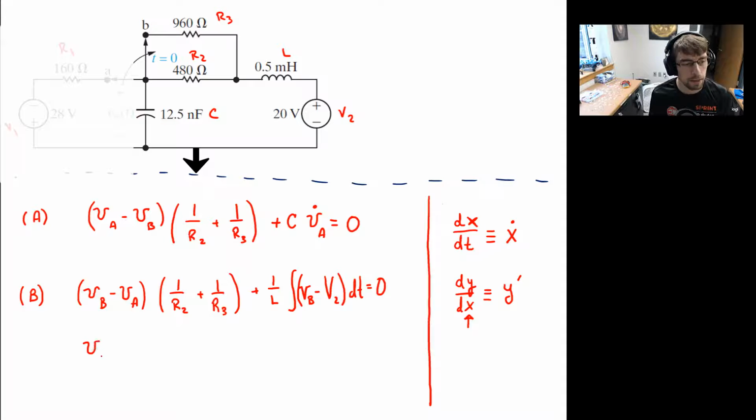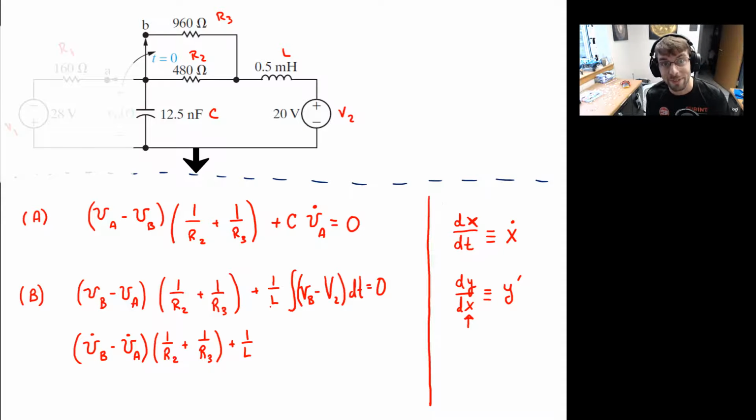Well, that would give me VB dot minus VA dot, and one over L. And now, because I'm taking a time derivative, that gets rid of this integral altogether.